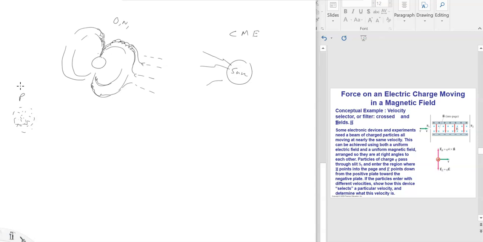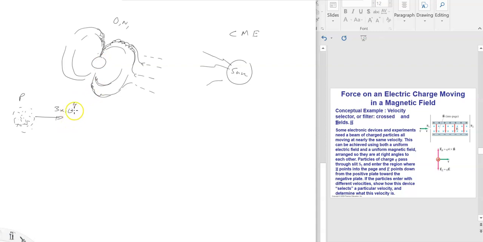This could be the helium nucleus, like ionized helium. So we accelerate them. Now this whole thing is moving with some speed. Typically these are high speeds, like 3 times 10 to the power 4 or 5, those kinds of speeds.